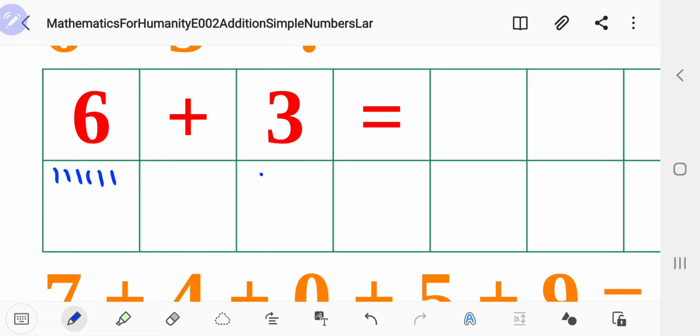And then for 3, you have 1, 2, 3. So you count them all since you are adding them. 1, 2, 3, 4, 5, 6, 7, 8, 9. So 6 plus 3 is 9.